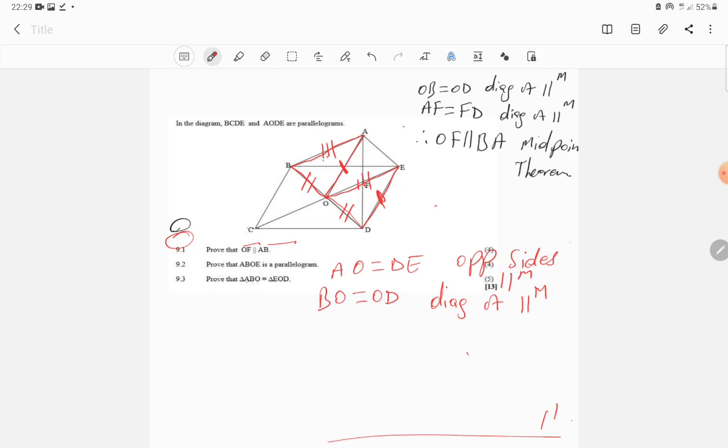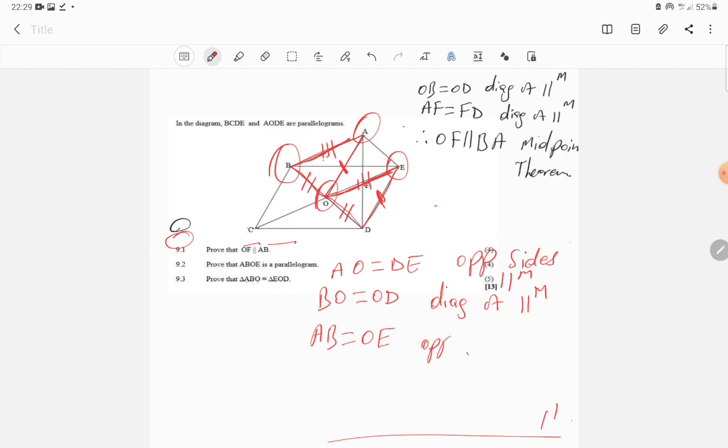You can see that these sides are equal to each other, because we have proven that ABOE is a parallelogram. So if it's a parallelogram, then the opposite sides have to be equal to each other. That's what makes AB equal to OE.